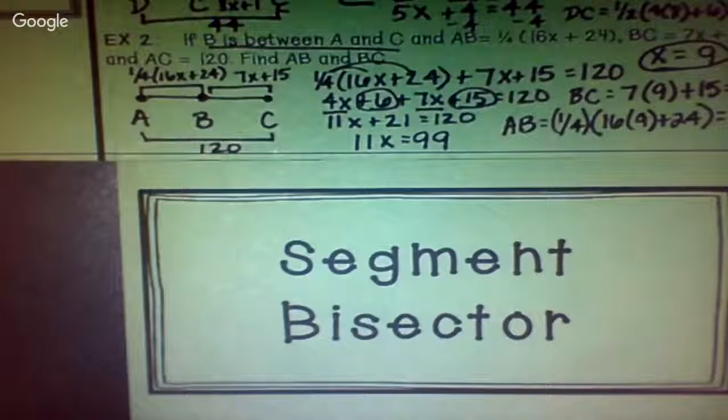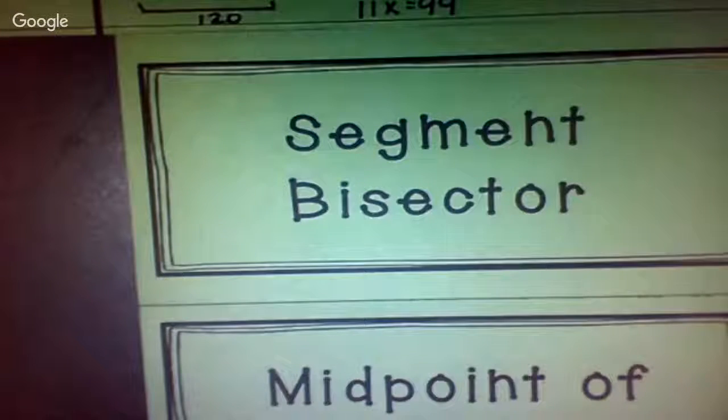You all right? Okay. So that's all there is to the segment addition postulate. You can take the two smaller pieces, add them together, and that gives you the bigger piece. Okay. We've got a segment bisector postulate. Oh my. That just sounded awful.